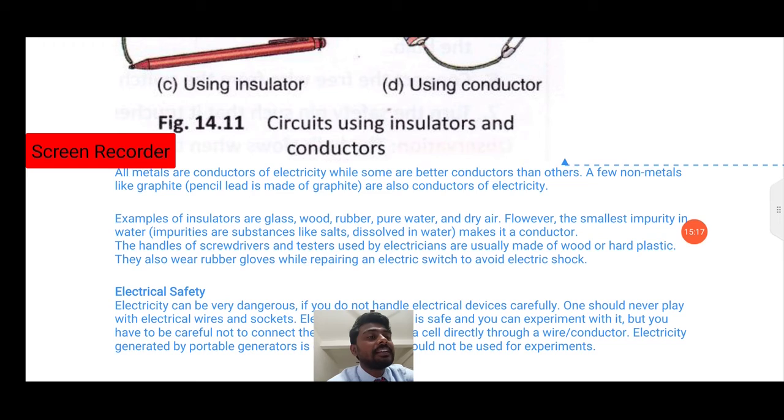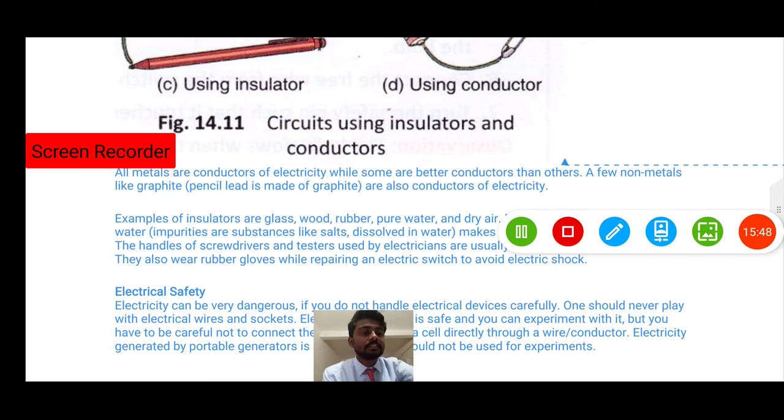Even the smallest impurities in the water make it a conductor. But you can see I mentioned pure water, not general water. In general water, impurities like substances such as salt dissolved in the water make it a conductor, but not pure water. Pure water is an insulator.